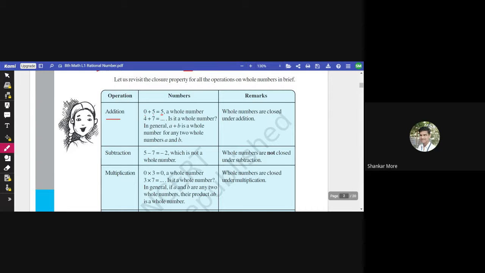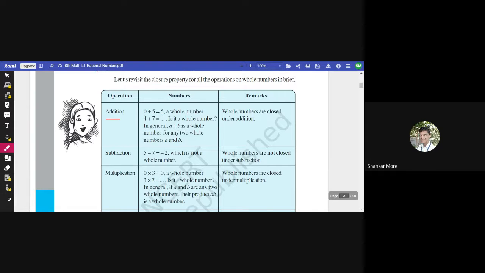Negative numbers are not included in the whole numbers, right. So now we have proved two properties.